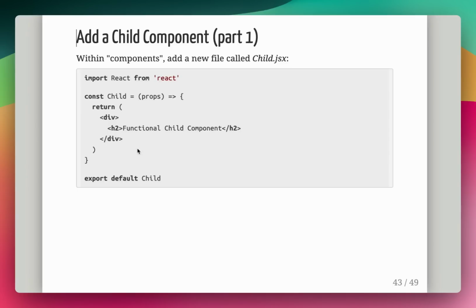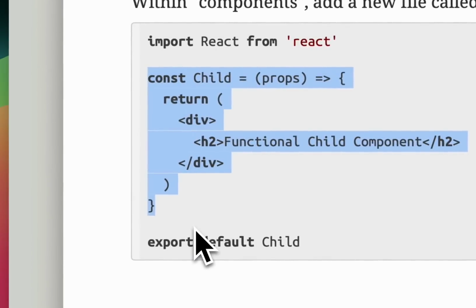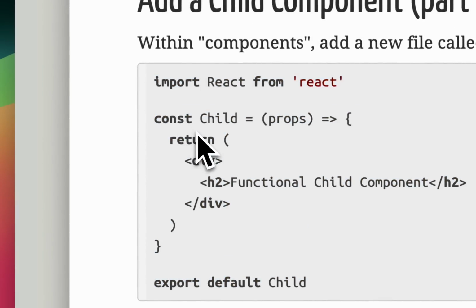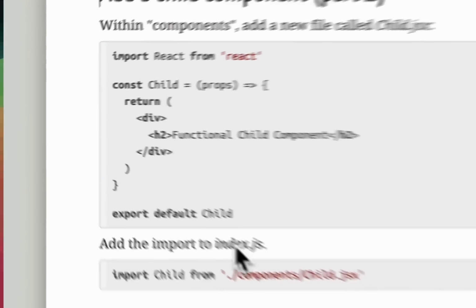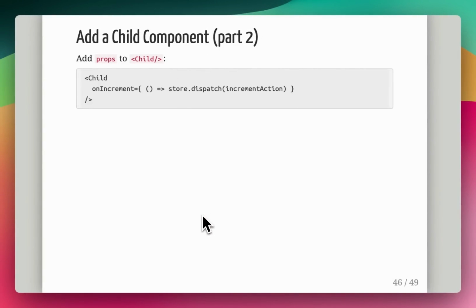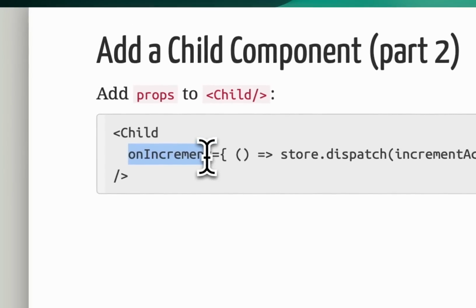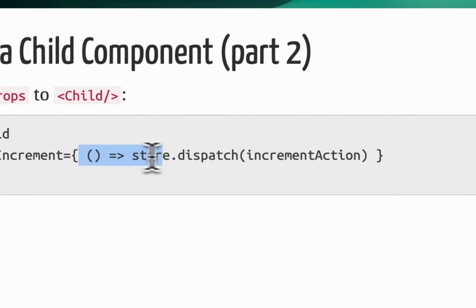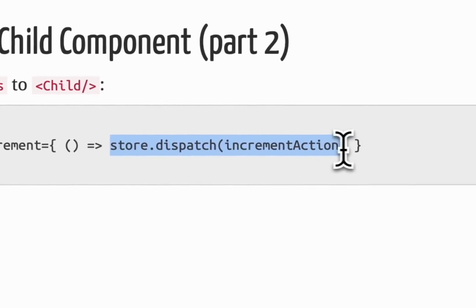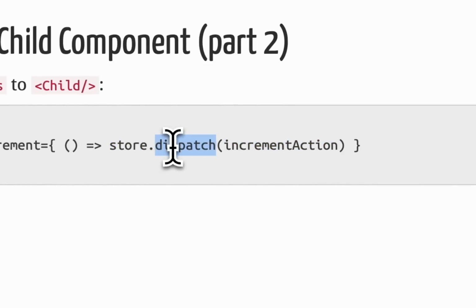Now you can try some new things, like you can create a child component to practice more with this code. Then you can place this child component inside of index.js, and you can pass a prop called onIncrement, which is nothing but a callback function that calls the increment action on store.dispatch.